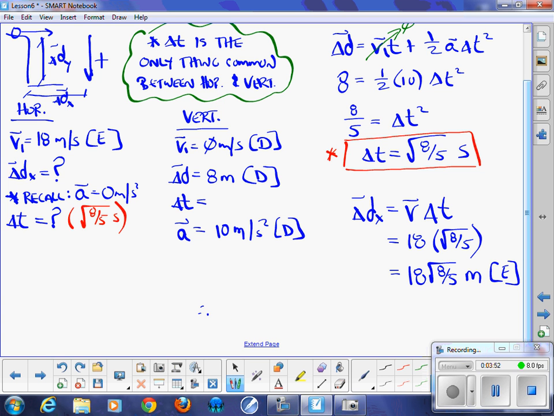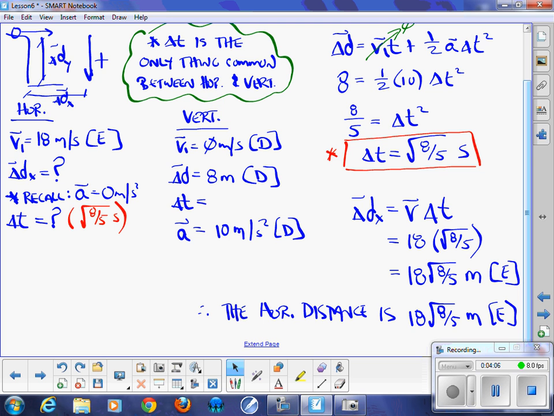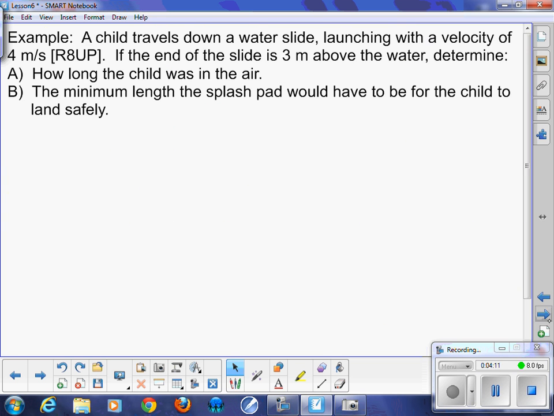So therefore, the horizontal distance is 18 root 8/5 meters east. So sometimes you need the vertical in order to determine or find the horizontal.